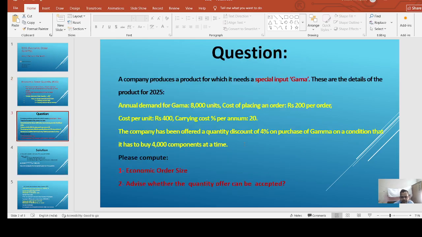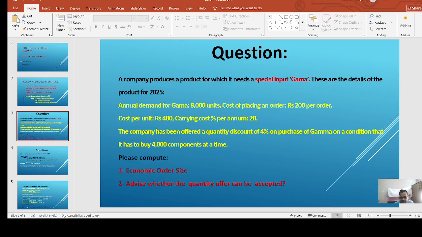It says the company has been offered a quantity discount of 4% on purchase of gamma on a condition that it has to buy 4,000 components at a time. Usually a company has many suppliers. So one of the suppliers has given a proposal that if you buy 4,000 components at a time of gamma, that is the input, then we will provide you 4% discount on the purchase of gamma.